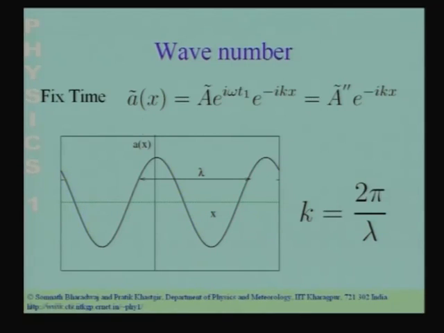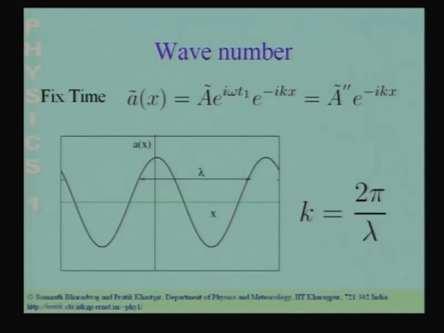Now, let us ask the question, after what distance does A repeat? We know that cosine repeats whenever the argument goes from 0 to 2 pi, and the period, the distance after which A as a function of x repeats, is called the wavelength.